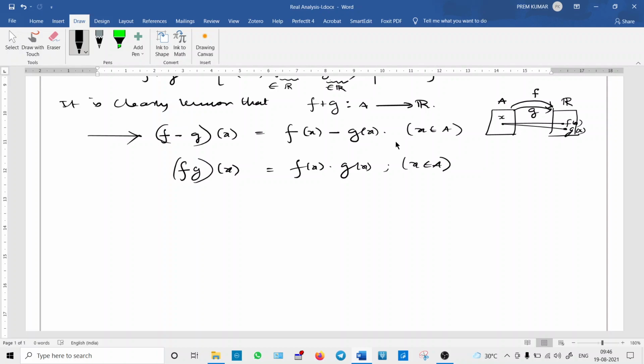So what is clear is that both f and g have the same domain and the codomain is the set of all real numbers.